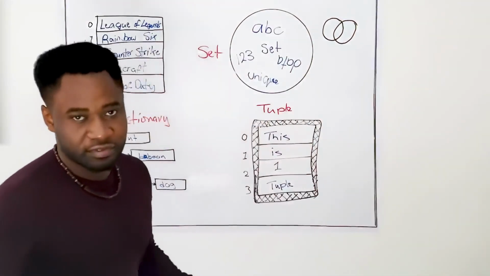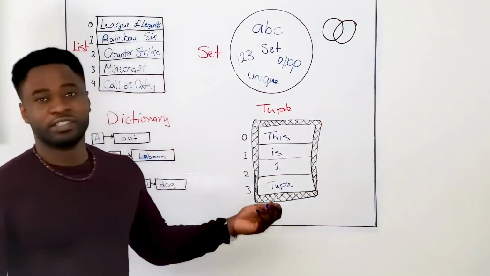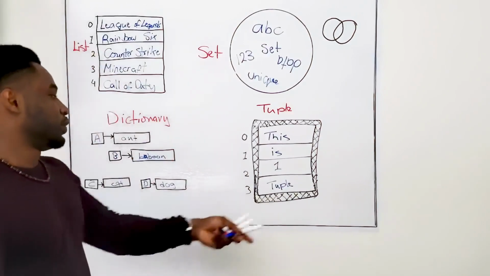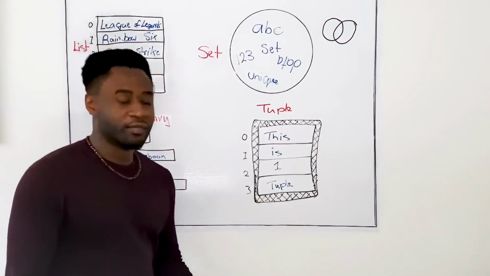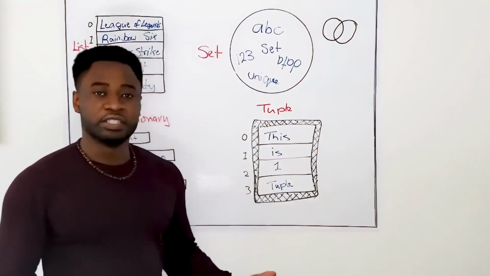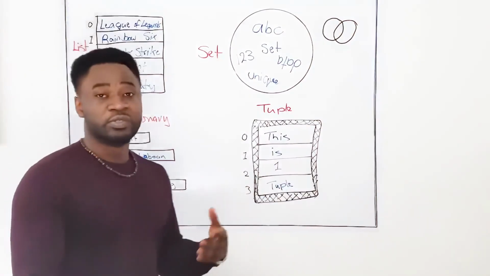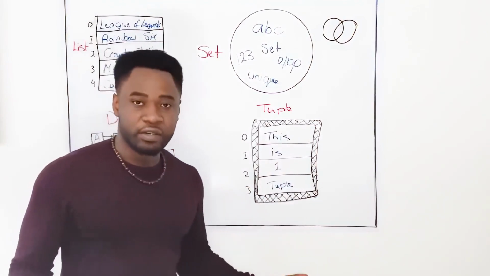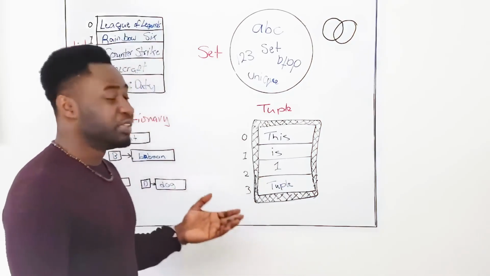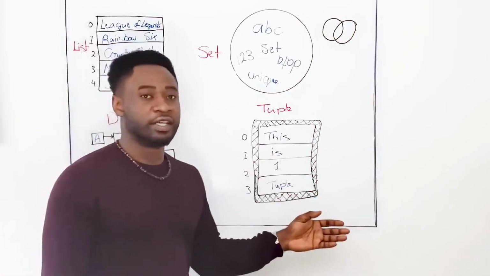So you're probably wondering, so why the hell do I even need this? If I have a list, I can do a lot more. Why would I use this? Once you start dealing with a lot of information or a lot of data, so let's say you go into an area like big data or machine learning, for instance, you're going to be dealing with a lot of data, okay?